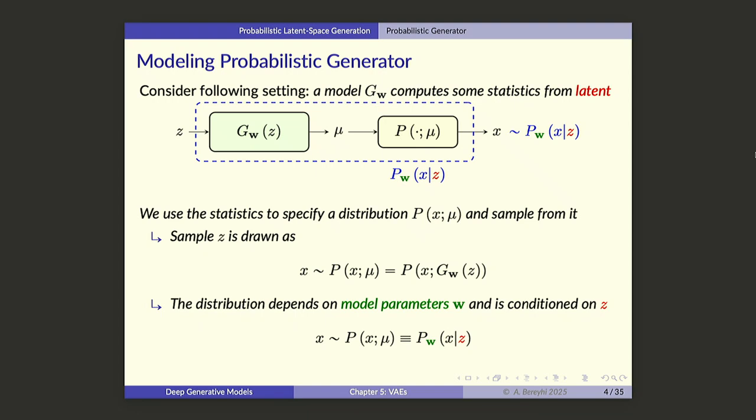So when z is fixed, the distribution is fixed, and then I can sample from it. So it's a kind of conditional generation of x for a z. Essentially, you think from z to x, all of it to be one conditional distribution, which is described by that model g and that distribution p of x given mu. Okay? Everybody's cool?